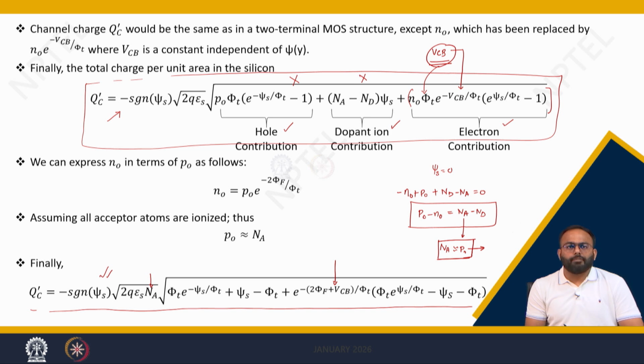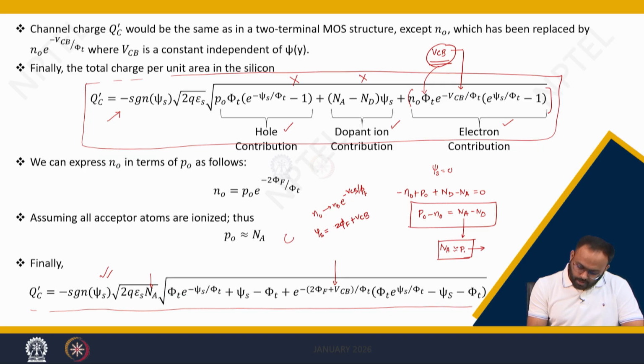That is what we have discussed in the previous lecture, that either you replace N_0 by N_0 into e to the power of minus V_CB divided by φ_t wherever you find N_0, and you can use the same equation that we have derived for 2-terminal MOS, or you replace ψ_s equals 2φ_f.